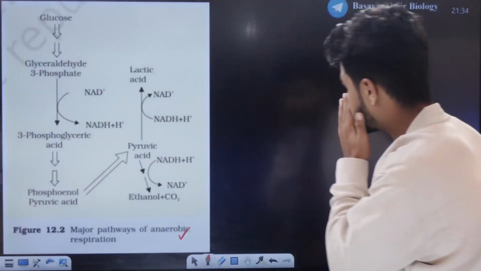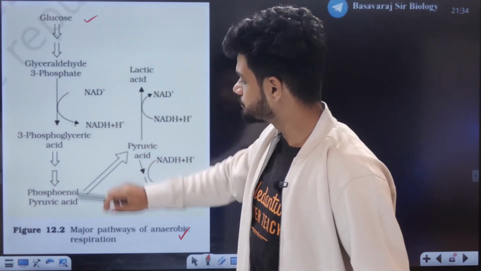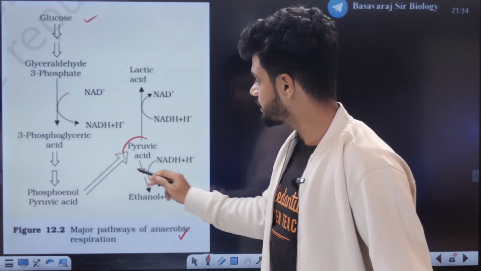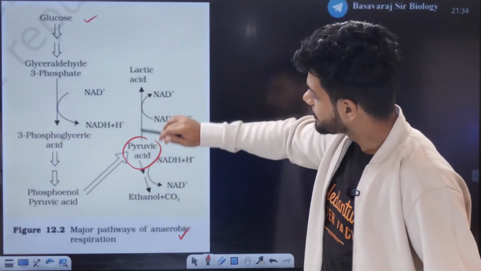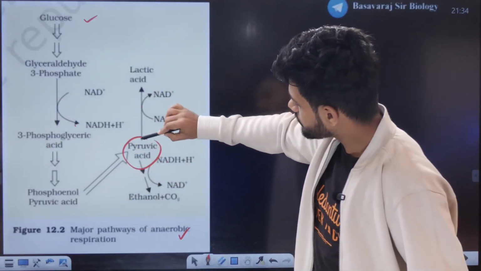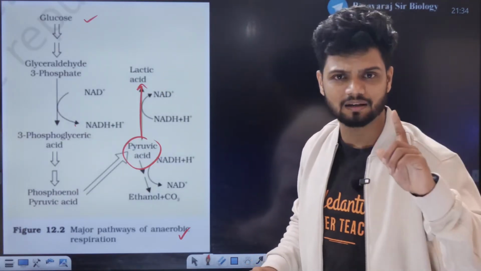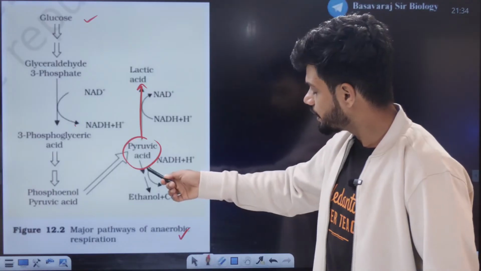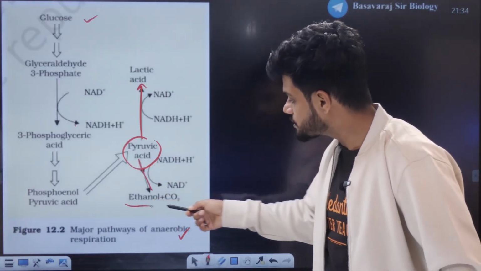Very simple to understand. Glycolysis gives pyruvate, pyruvic acid. After glycolysis, it can undergo lactic acid formation in lactic acid bacteria and muscle cells, or in the presence of brewer's yeast it can be converted to ethanol and CO2.